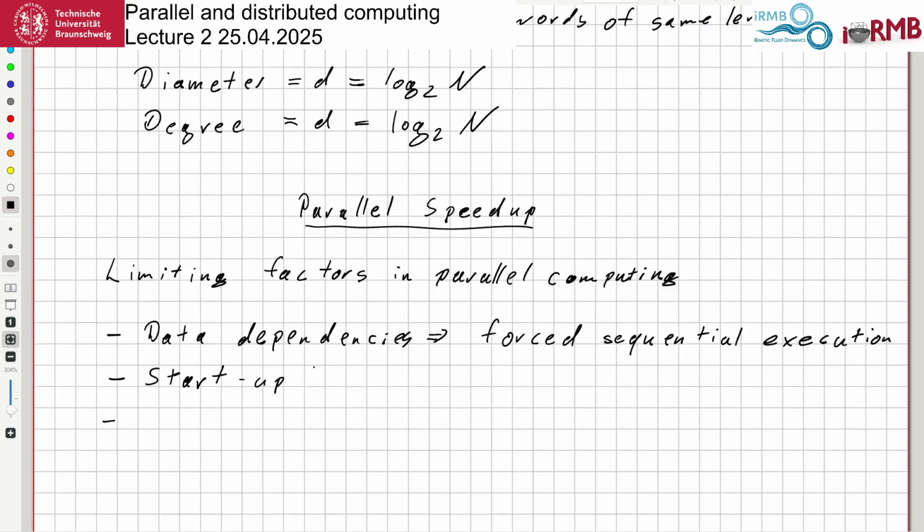Then you have what we call bottlenecks. This would be the access to, say, shared or slow resources.